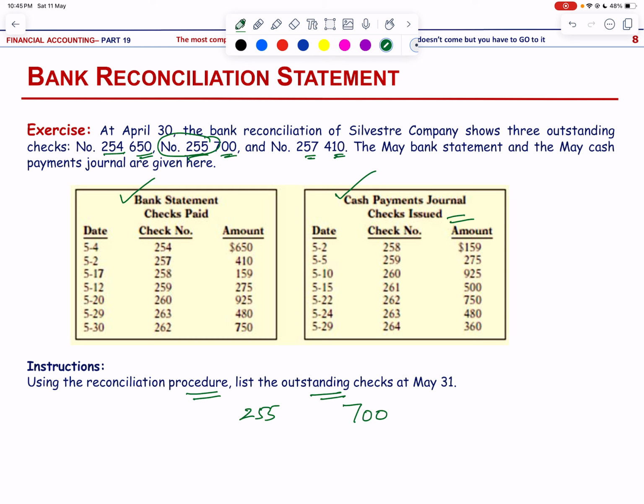Then we can see that we have 261 for 500, and it is not shown over here in the bank statement, so this is also outstanding. 500, that is check number 261, and you can see 264 also is not being displayed here, so that is 360, 264. So the total amount is 1560.